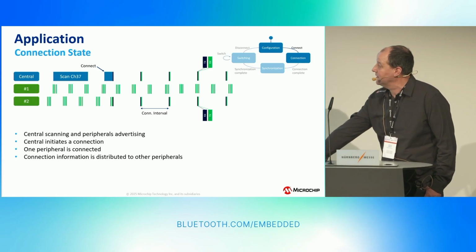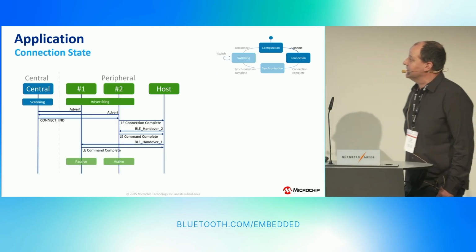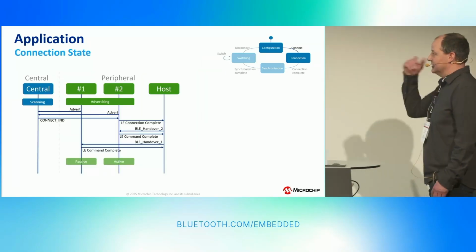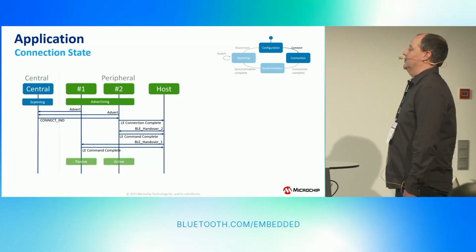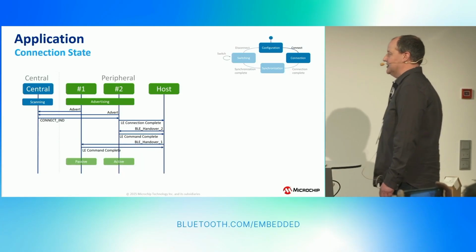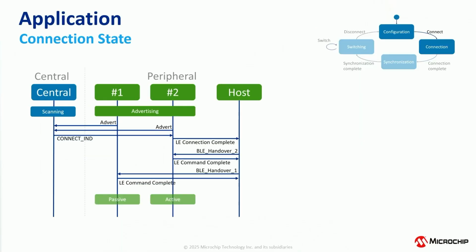So we enter after the initial connection. I have here the sequence charts for the central. Okay, central is scanning and the peripherals are advertising. You see this with the advertising data which are sent. Then the central raises a connection request. It's signalized to the host that the connection is complete.